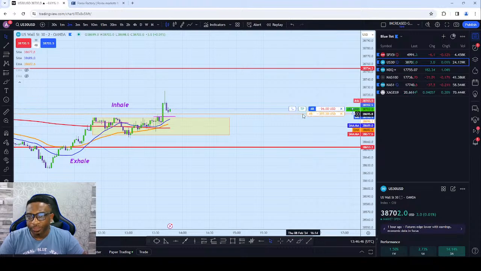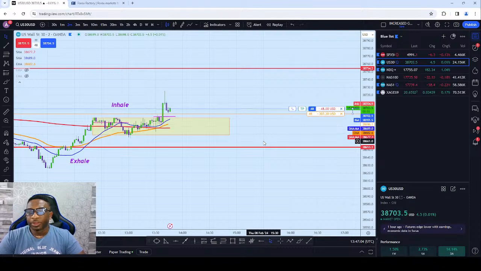I'll just go in for a quick buy. Then I'll put my tight stop below here. I'll put my stop there. Just hoping it's finished its retest, that it doesn't come down again.